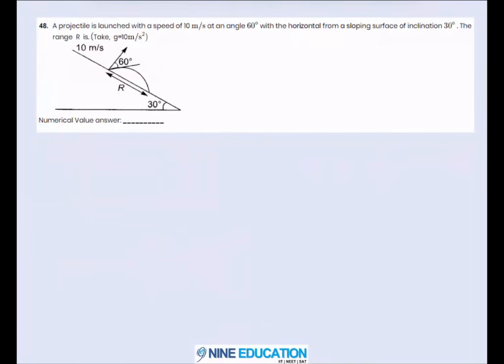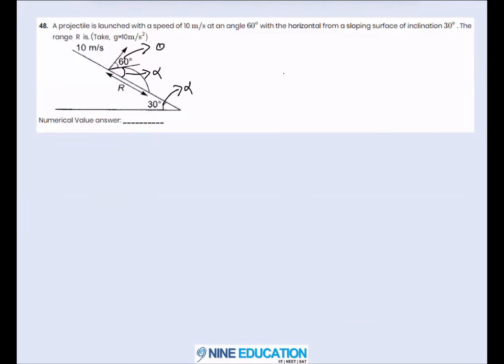Next. Now, in this particular question, we can straightforwardly apply the formula. Already the formula for range for inclined slope, we already know what that formula is. Let's say that this angle is alpha, this angle is theta, then this particular angle will also be alpha, right?